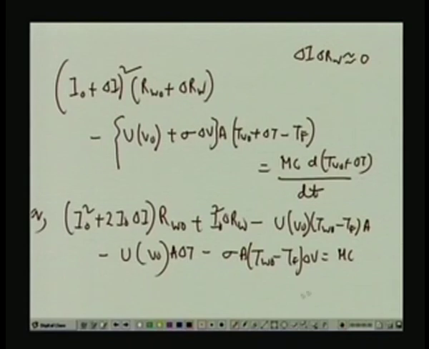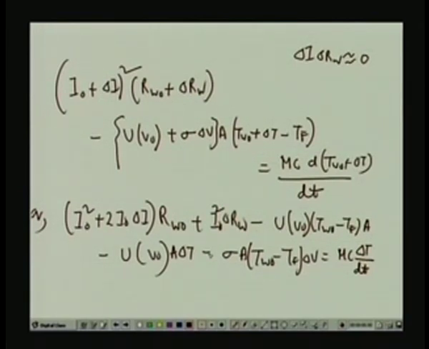So MC delta T by dt. Now, from this expression I subtract equation number 1. What is that equation? Let me write it down.